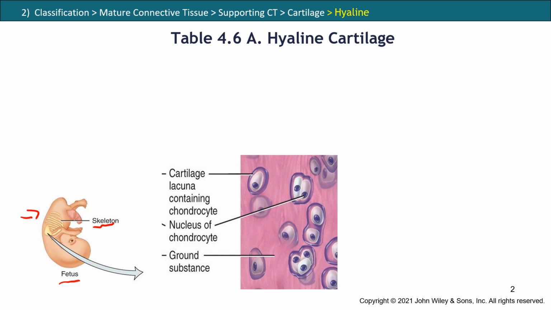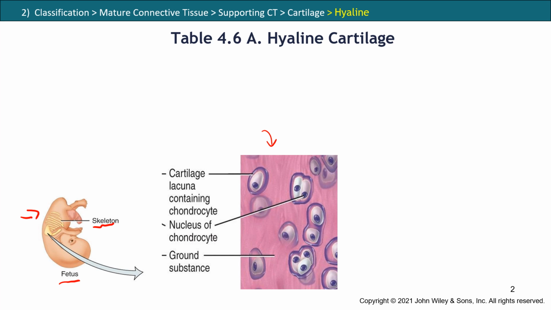You have cartilage in the septum of your nose, in different parts of your respiratory system that I will show you later. And you can also find it in the covers of the articular surface of bones. Okay, so independent of whether it's in the early stages of development or in the adult, you're going to have this structure that I show you here.